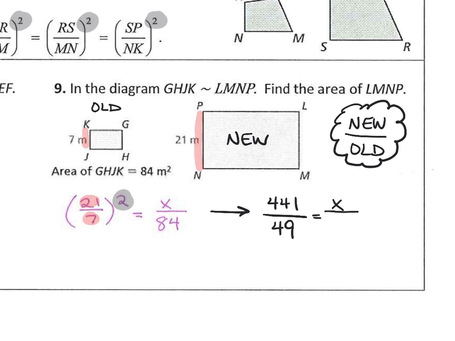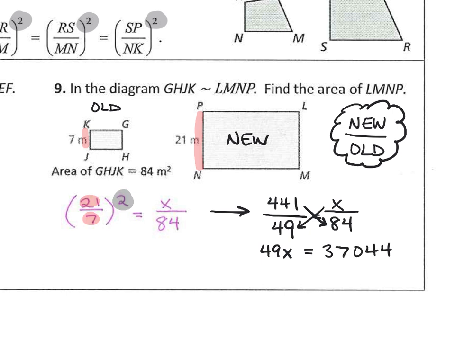That's going to be equal to x over 84. We cross multiply, we divide. 49 times x is 49x. 441 times 84 is 37,044.